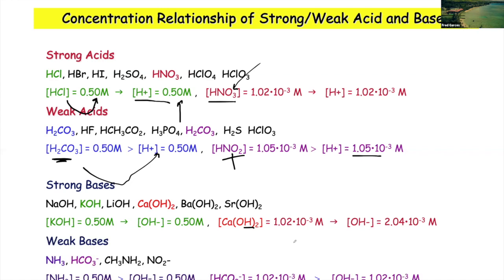On the other hand, weak bases like ammonia, if you introduce 0.5 molar ammonia, you're going to get less than 0.5 molar hydroxide. If you have bicarbonate, that's a weak base, then you're going to get less than 1.02 times 10 to the minus 3 molar hydroxide. You're always going to get less because they're weak.